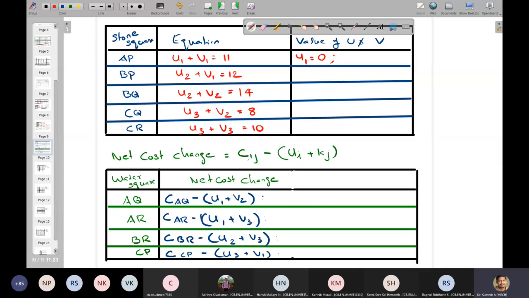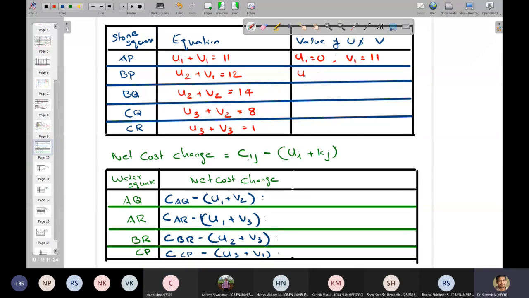Now if I put U1 equals 0, the value of V1 will be 11. Substituting the value of V1 in the second equation, you will get U2, which is 1.